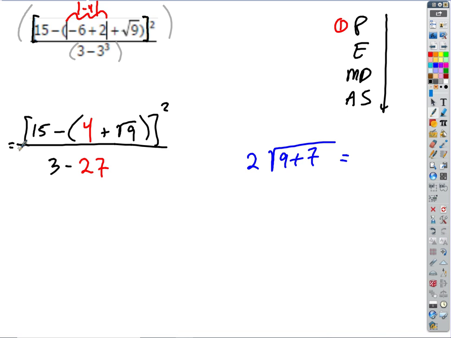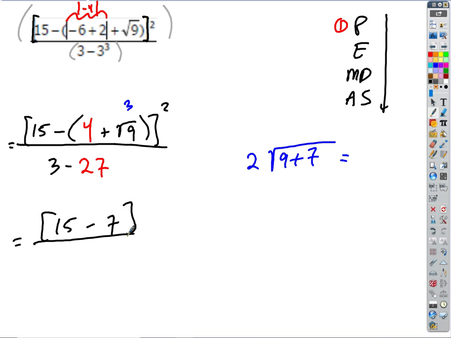Now what? What's the square root of 9? 3. Okay, so inside the next layer of grouping symbols, those are the parentheses, right? We've got to work inside there. Inside there, we've got the square root of 9 is just a 3, and what's 4 plus 3? Okay, so we could maybe combine a couple things there. Minus 7.